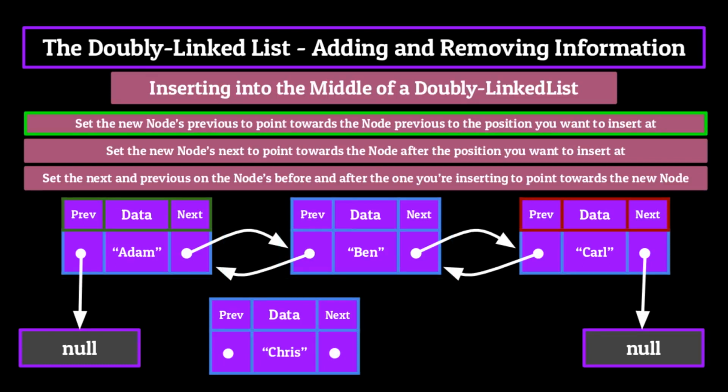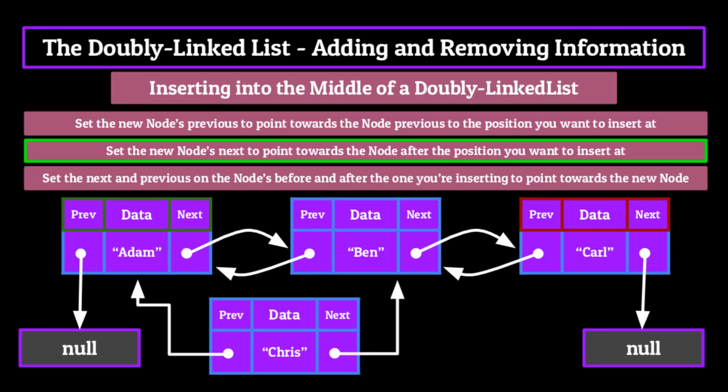First, we want to set the new node's previous to point towards the node previous to the position we want to insert at. This means setting the Chris node's previous to point towards the Adam node. Simple enough. Second, we set the new node's next to point towards the node after the position we want to insert at. This entails setting the Chris node's next to point towards Ben.